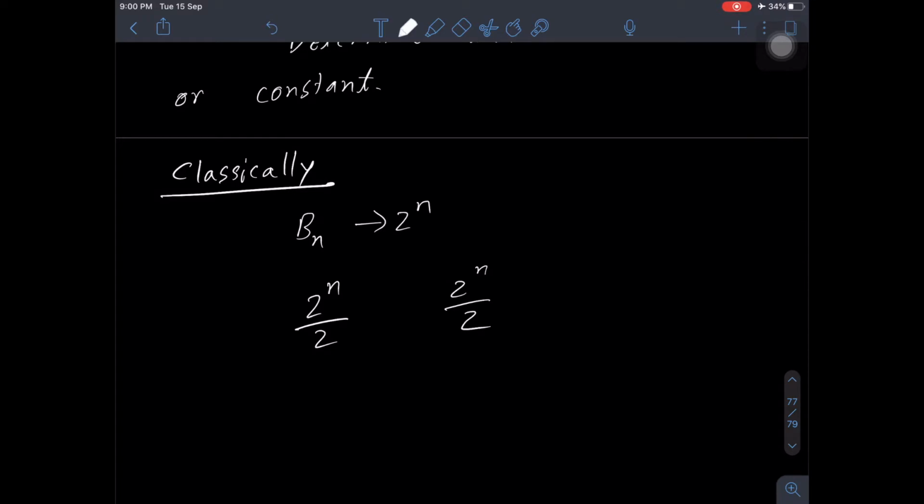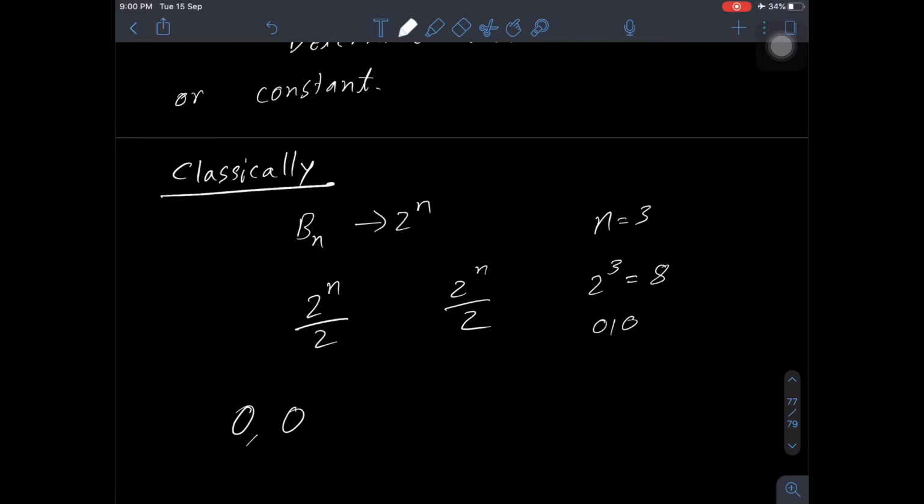So let's say you give it some random string, it gives you 0. It again gives you 0. Let's say n is equal to 3. Then you can have at most 2 cubed, that is 8 elements. Let's say you first give it some random string, say 010, and you get a 0.